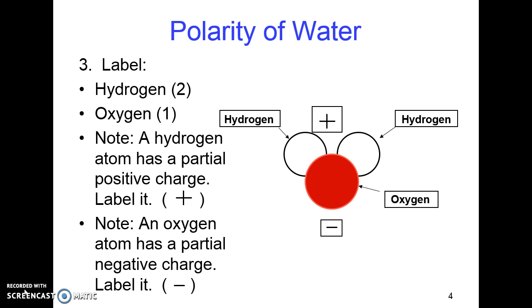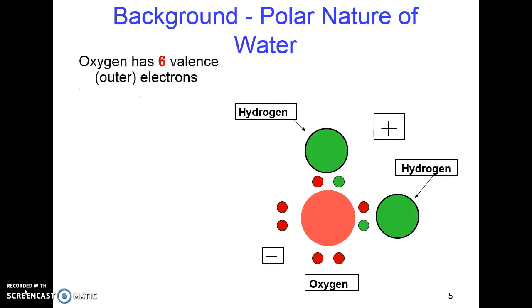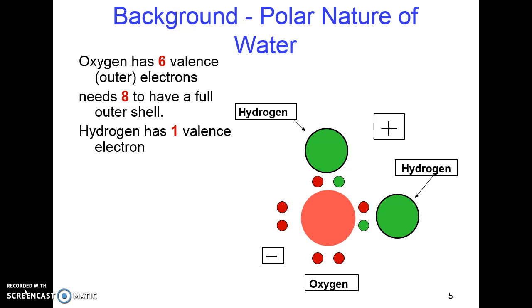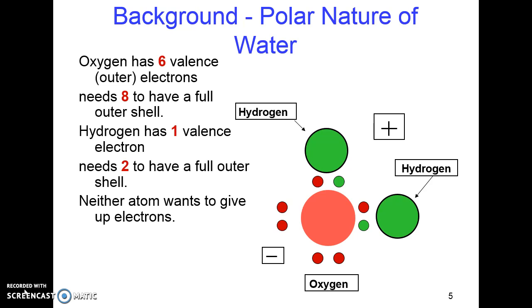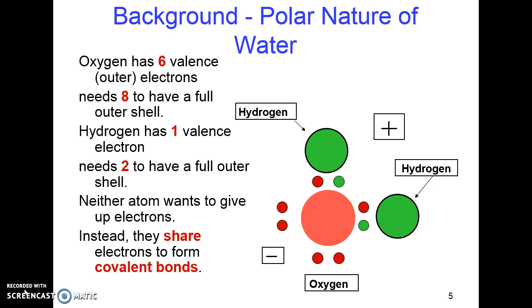Those two hydrogen atoms have a partial positive charge, and then your oxygen atom has a partial negative charge. And because of this partial positive charge and partial negative charge, we're going to see in a minute that water is polar because of these charges.